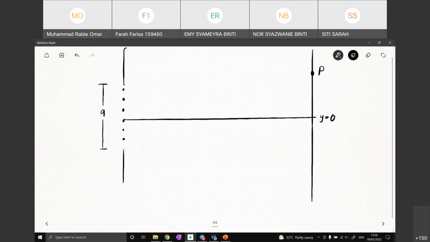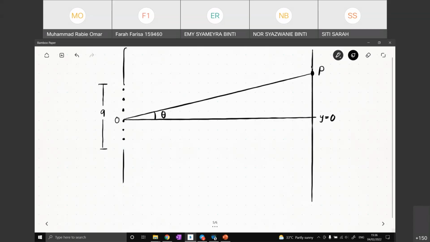And then I define another line extending from the reference point, from here to here. I need you to note that the black lines are not the light rays. The line from here and the line from here are just our reference, so that we can indicate the position of P using theta. So I have my theta here.